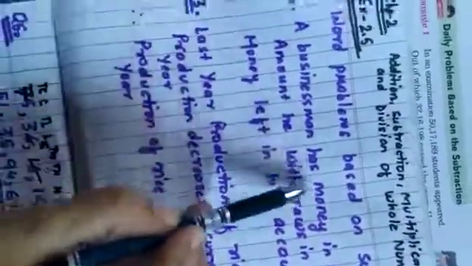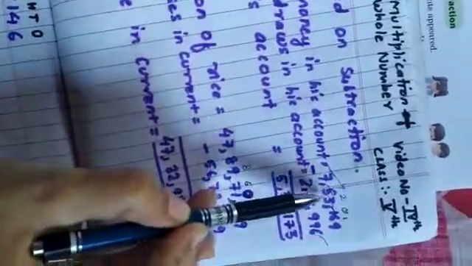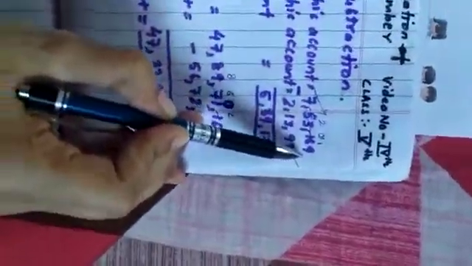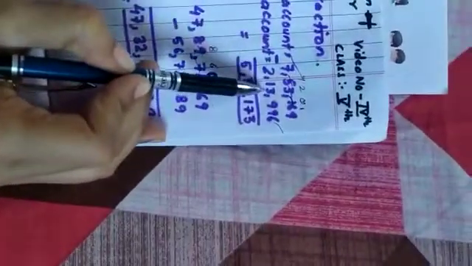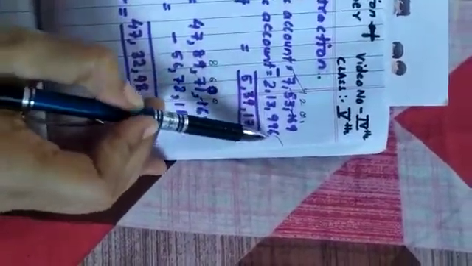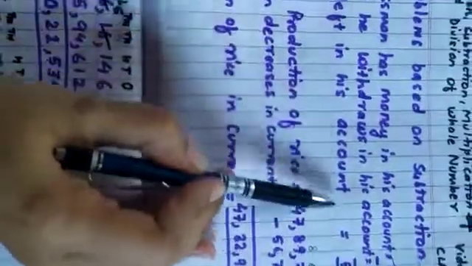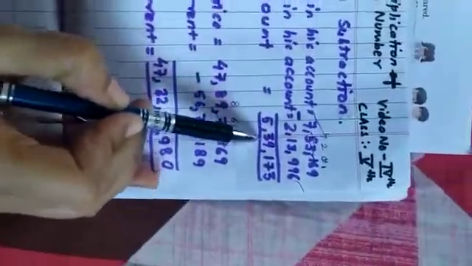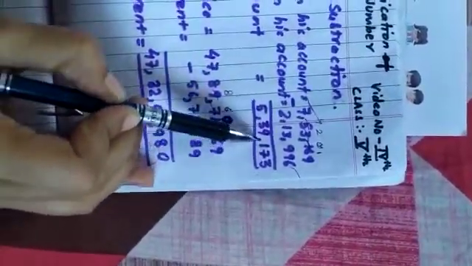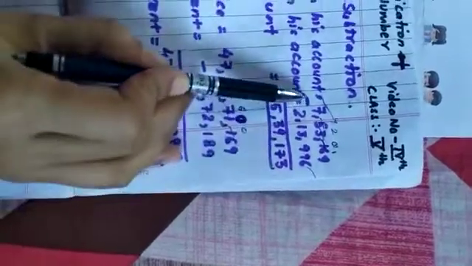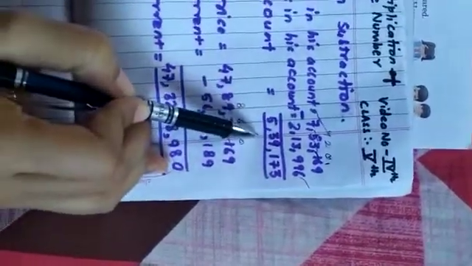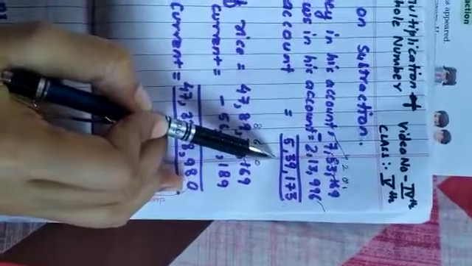So how will we find money left in his account? By subtraction. See here, a businessman has money in his account 7,53,169. Amount he withdraws equals 2,13,996. So money left in his account equals 5,39,173. By subtraction we got the answer. I hope it is clear.